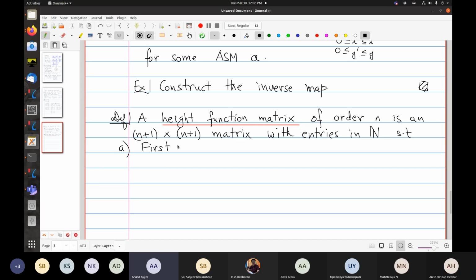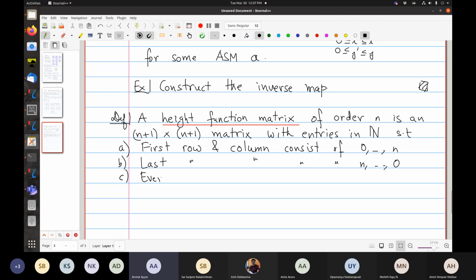the first row and column consist of 0 to n. So again, consecutive. It's an n plus 1 order matrix, and also the last row and column. Oh no, sorry. This time it's n to 0. Okay, I'll give an example.